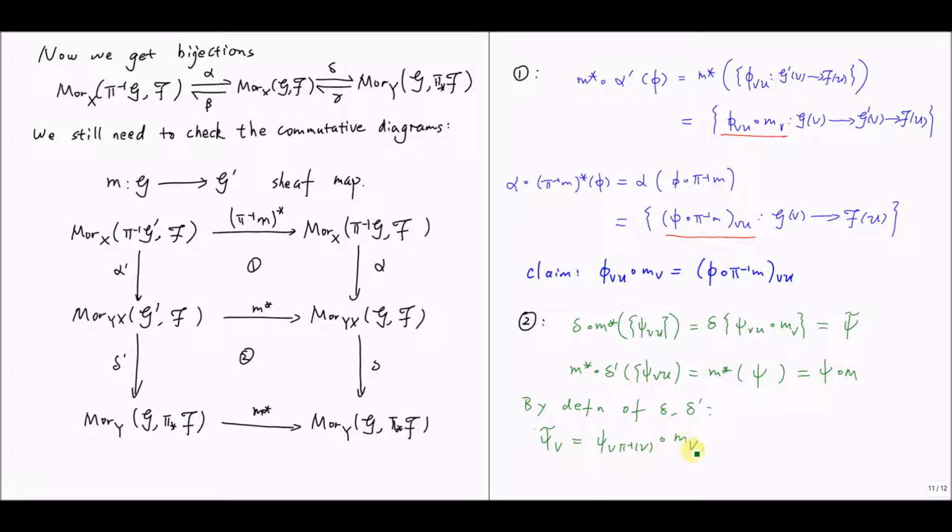Also, it should be composed with M sub V, because we are considering this thing as a whole. And this guy, after applying to V, will be psi sub V pi inverse V composed with MV. Same thing.